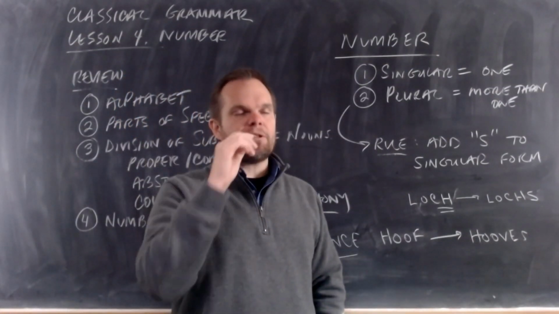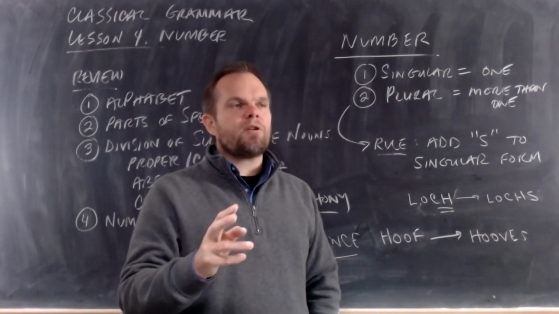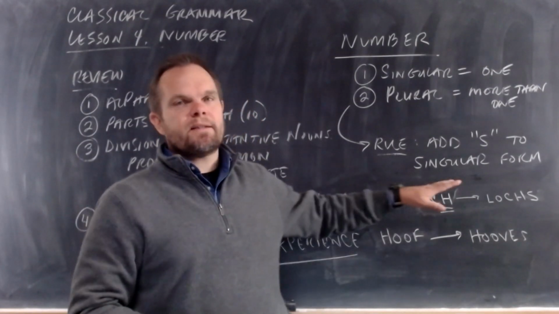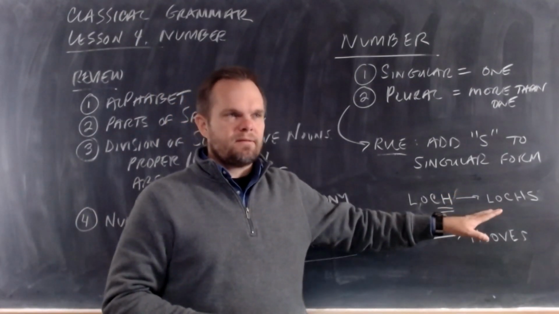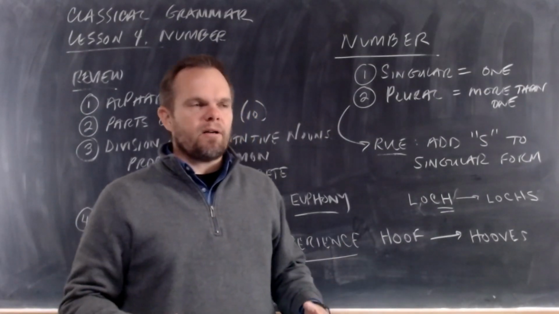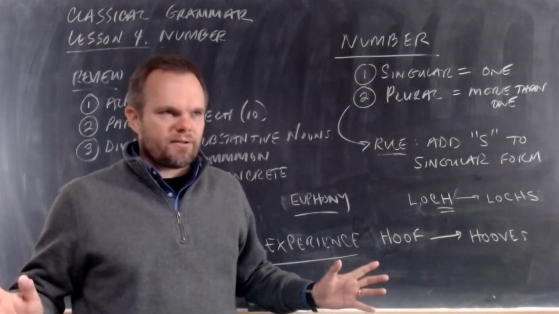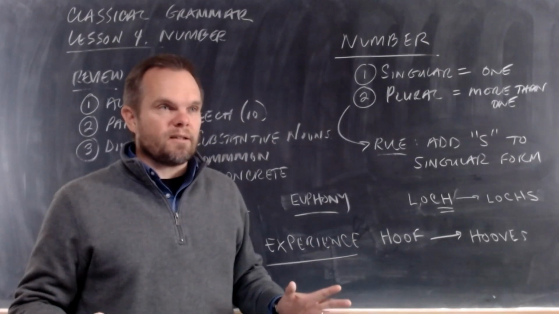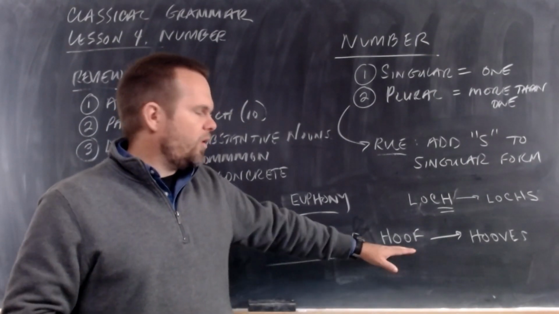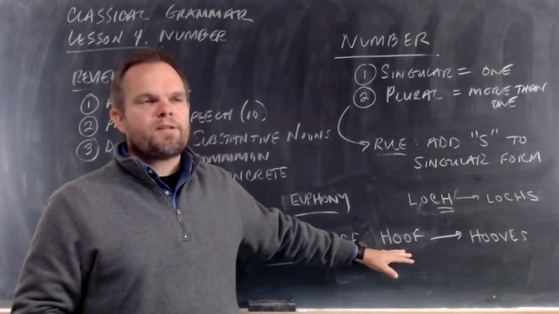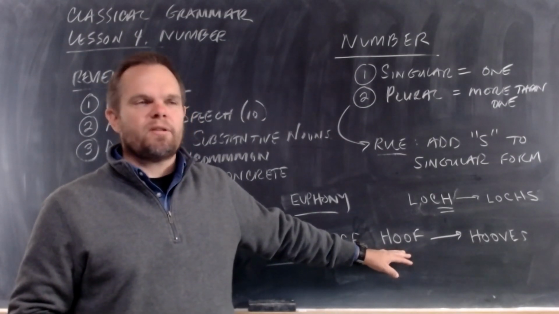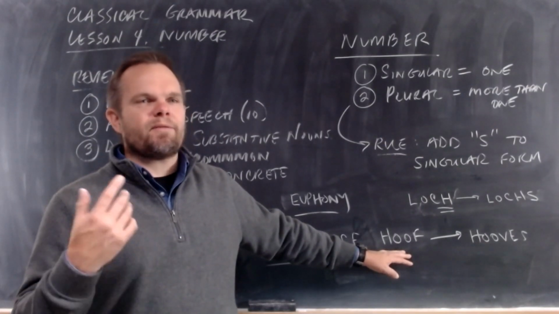But if you're going to make an error, at least your error should be intelligent, right? That's how these rules can help us. If you're going to make an error, you can totally miss and just look ridiculous, right? Like hoof. You could say hoofus, and people will look at you like, what are you talking about? That's not even reasonable.